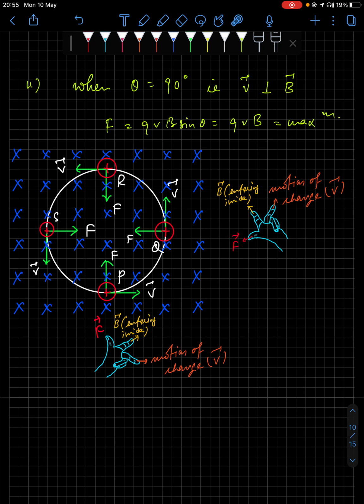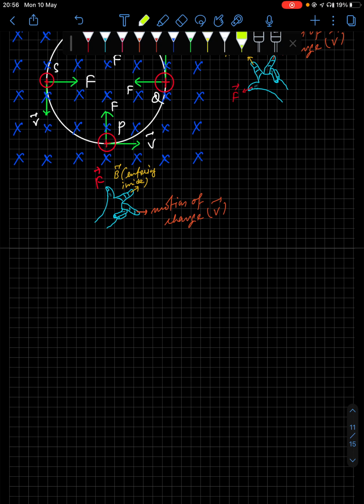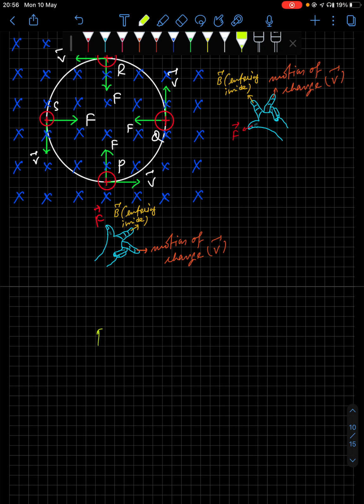So we need to find out what is the radius of the circular path, and then the time period, frequency, and angular frequency. Now here, this is the magnetic force, right? This magnetic force is providing the necessary centripetal force for the charged particle to move in a circular path, and therefore we can write down Fc, the centripetal force, is provided by the magnetic force Fm, right?